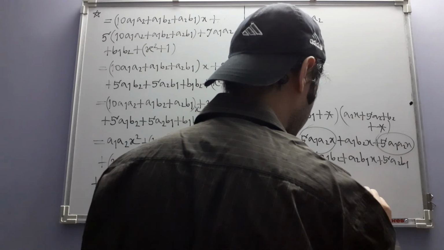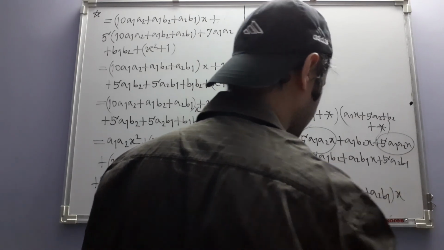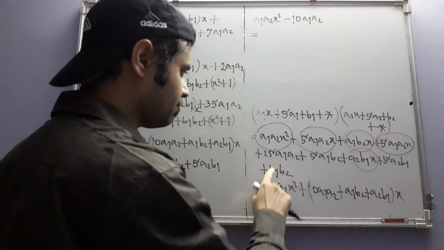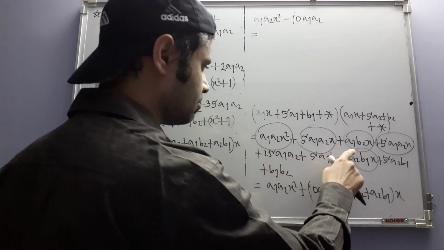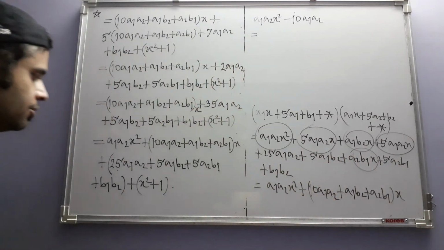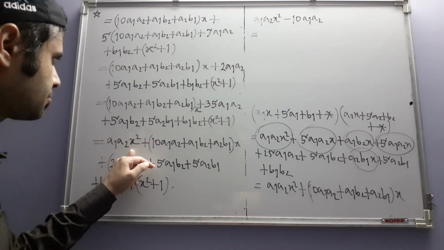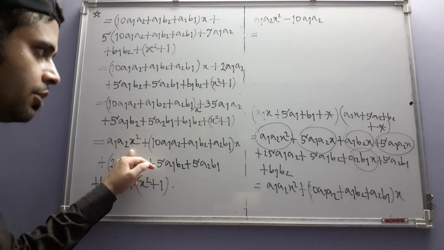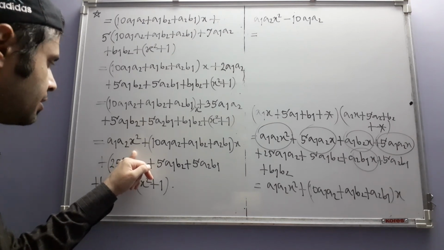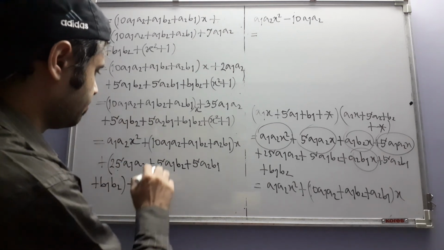So these have been considered, and I am left with 25 a1 a2 plus 5 a1 b2 plus 5 a2 b1 plus b1 b2. So I really do need this plus, but then I am not getting what I want. Or is there a mistake that I have committed here? That's what I want to know.